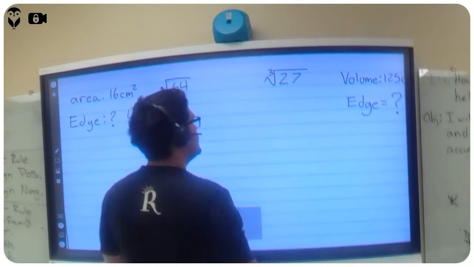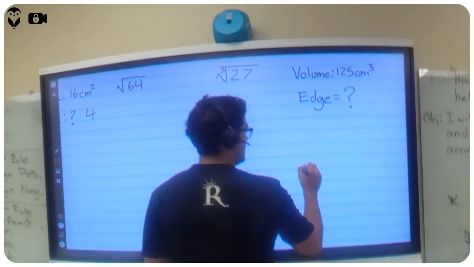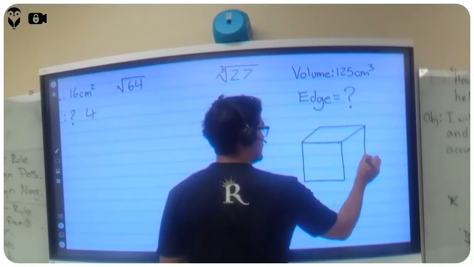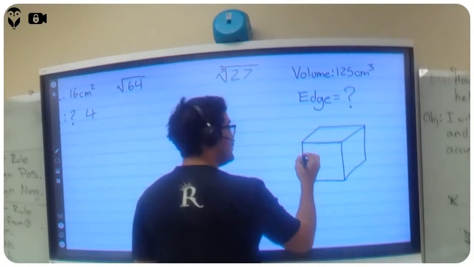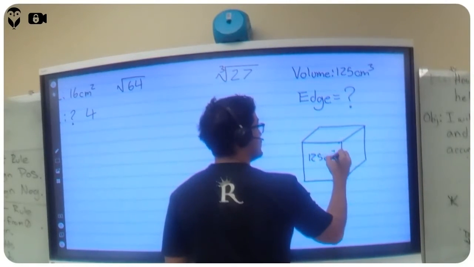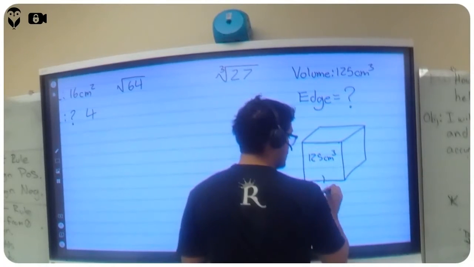Let's do here. Volume is the same thing. Here you have a cube. Let's see Mr. Castro's cube drawing skills at work here. There we go. You have a cube, and the volume is 125 centimeters cubed. Now it's a cube, so all the sides are the same.